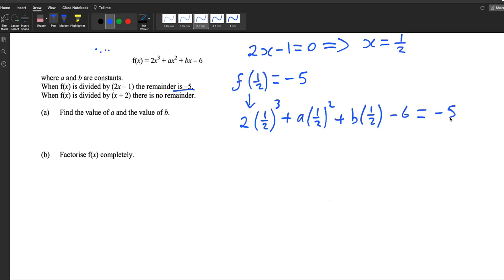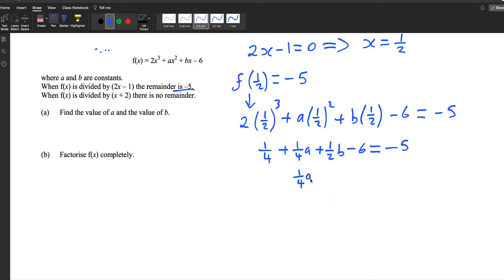Then we simplify. So a half cubed is an eighth, times by 2 is 2/8, or a quarter. Half squared is a quarter, so that's a quarter a, plus a half b minus 6 equals minus 5. And I'm just going to tidy things up. So taking the numbers to the other side, I have everything with letters on the left.